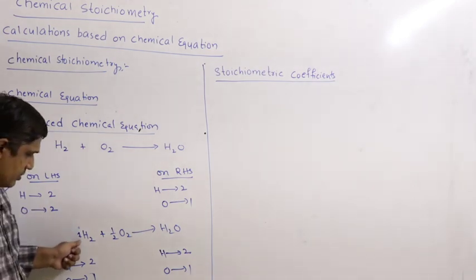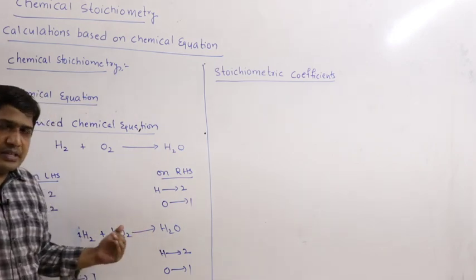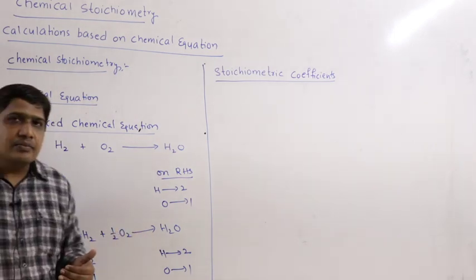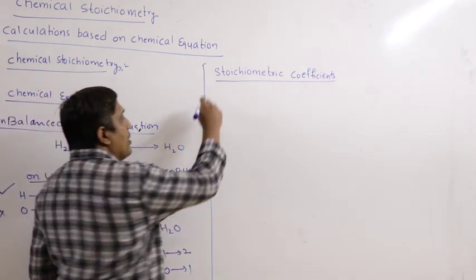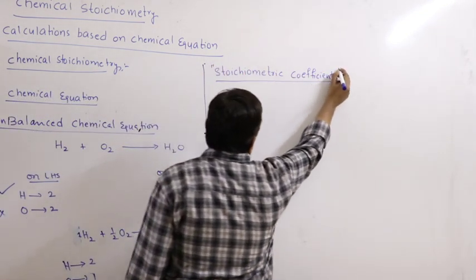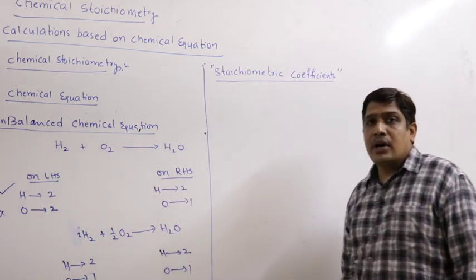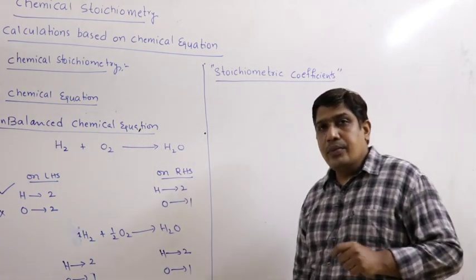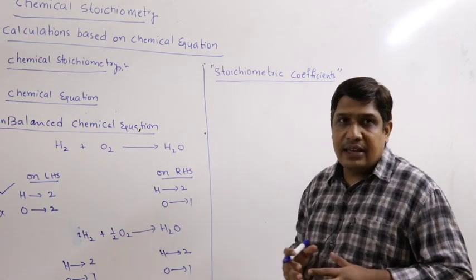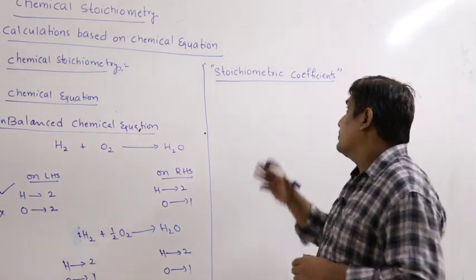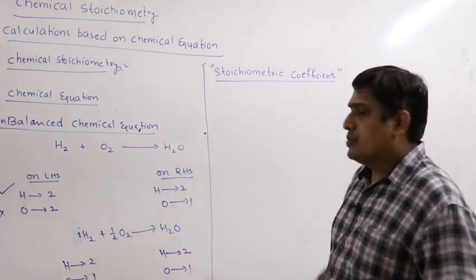See these numbers. The numbers present before atoms or molecules in a balanced chemical equation, we call them stoichiometric coefficients.